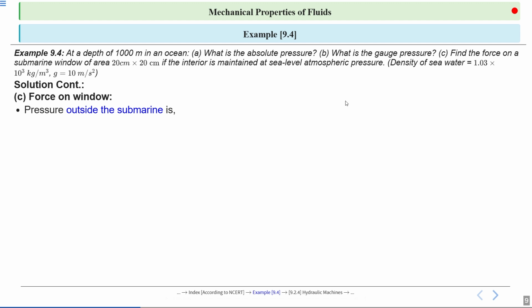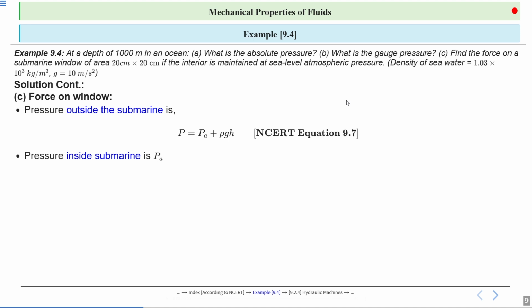This pressure is a combination of atmospheric pressure and the pressure due to the water column above the submarine. So the formula for pressure outside the submarine is P is equal to Pa plus rho gh. Here Pa is the atmospheric pressure, rho is the density of seawater, g is the acceleration due to gravity, and h is the depth.